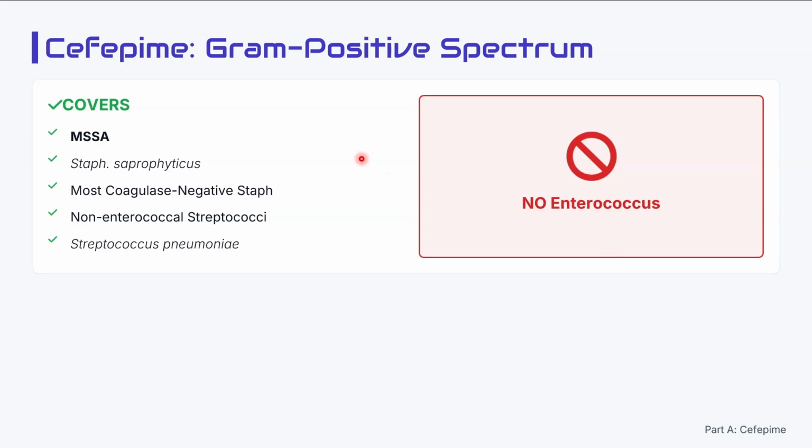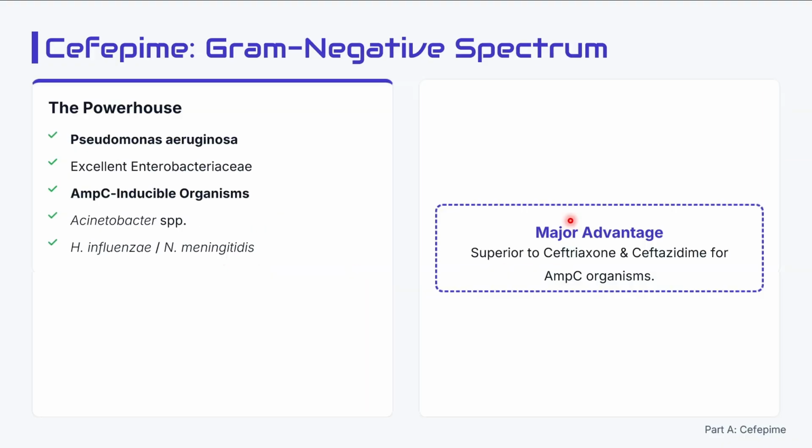Cefepime also has some gram-positive coverage. It does not cover Enterococcus. It can be given for MSSA, Staph saprophyticus, most coagulase-negative Staphylococcus, non-Enterococcus streptococci, and Streptococcus pneumoniae also. So it has a good amount of gram-positive spectrum, but not for Enterococcus.